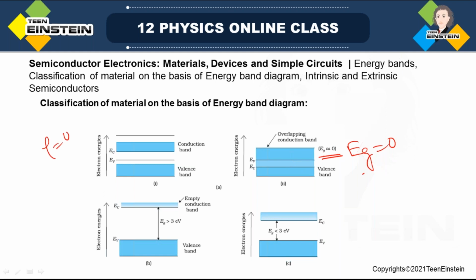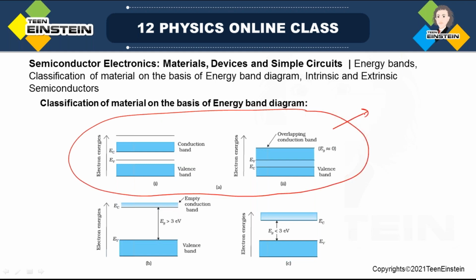That's why the resistivity is very low for conductors, because the band gap is nearly equal to 0. They can take part in the conduction process very easily. So these one and two are the energy band diagrams for conductors.